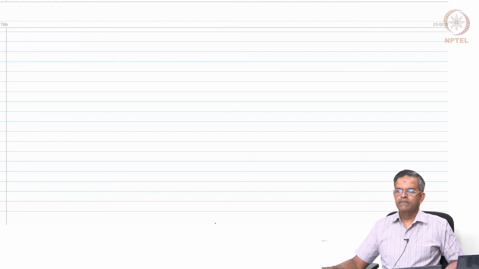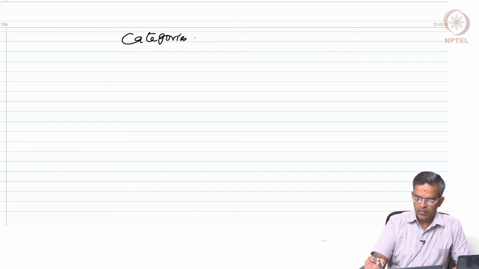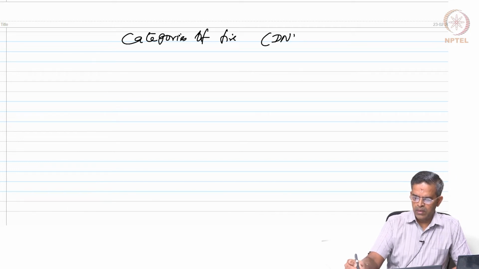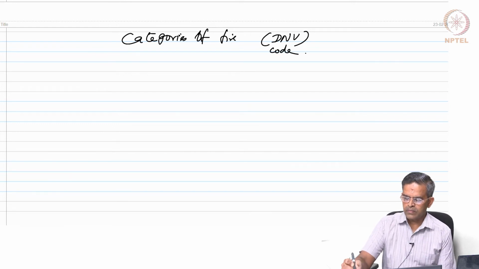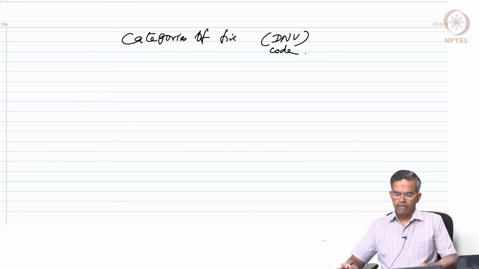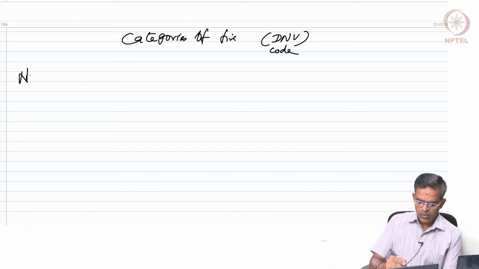Having said this, let us see what are categories of fire. As per DNV code, so DNV code classifies fire as follows: no fire risk.